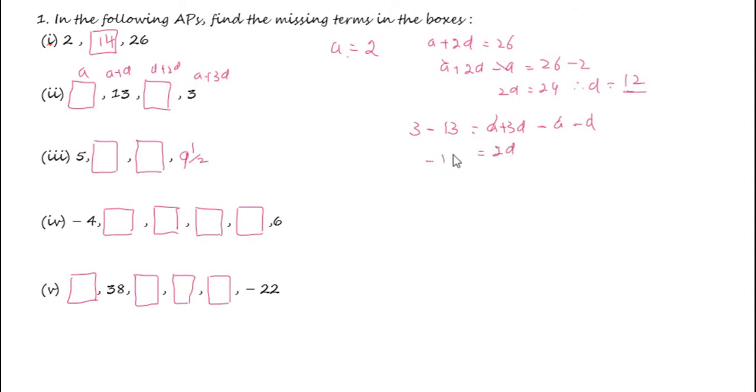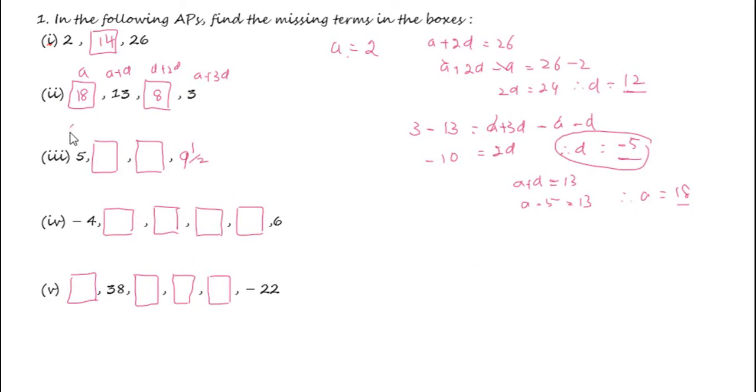This is minus 10. Therefore D equal to minus 5 here. When D equal to minus 5, A plus D equal to 13. So A minus 5 equal to 13. Therefore A equal to 18. So the first term is here 18, this is 13, then add the common difference. Common difference is minus 5, so 13 minus 5 is 8.